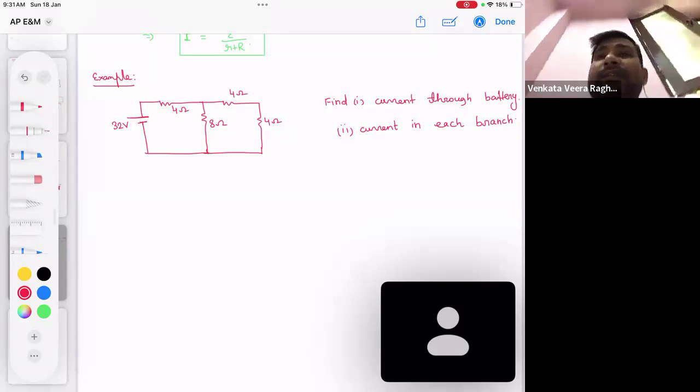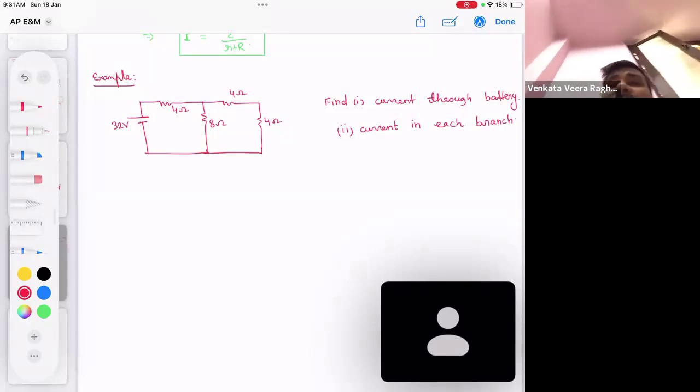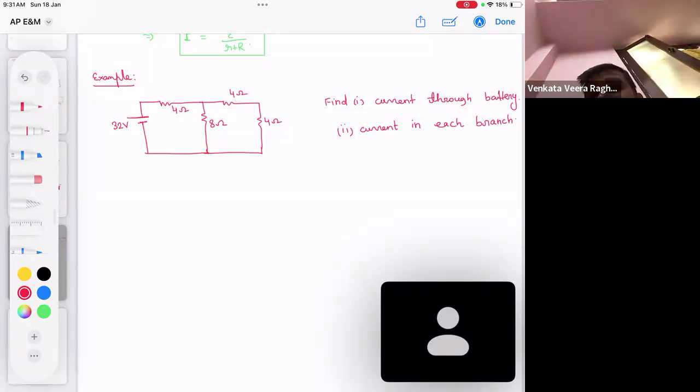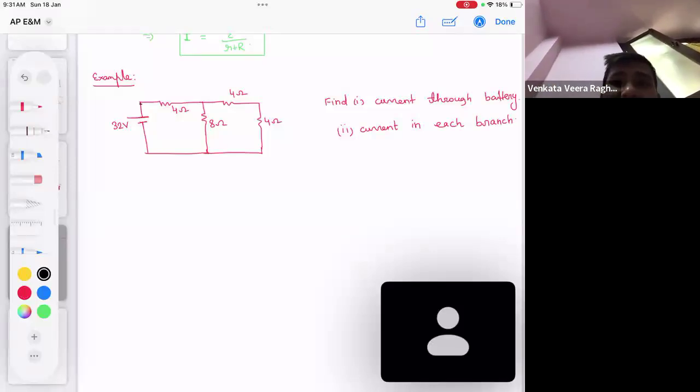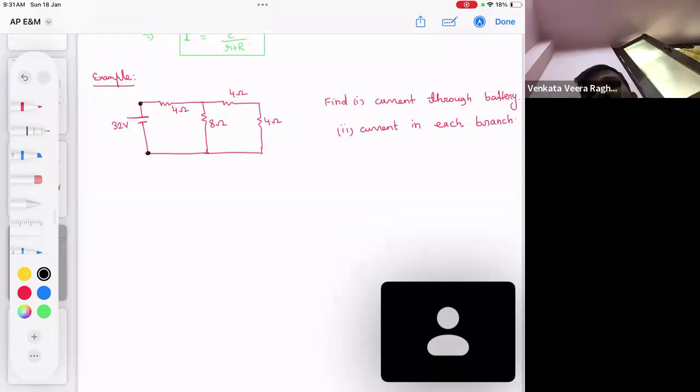Let's find the R equivalent across the ends where the battery is connected. Once you get R equivalent, after that you can use current equal to V by R equivalent. Okay, please tell me how much that is coming, and try to get the answer.